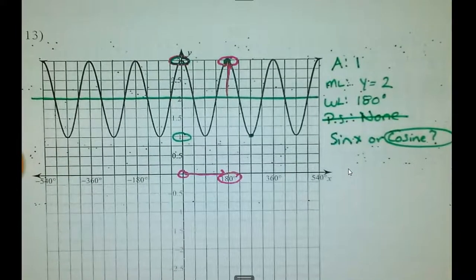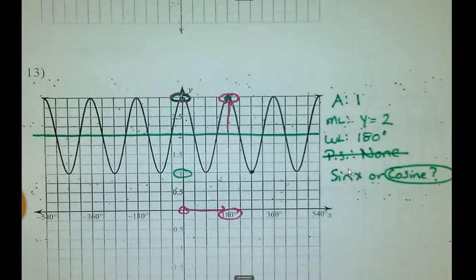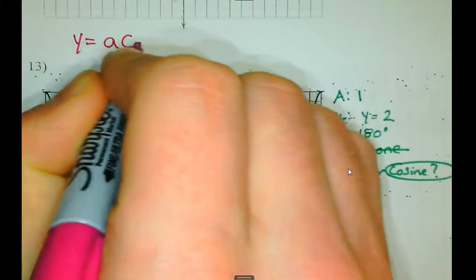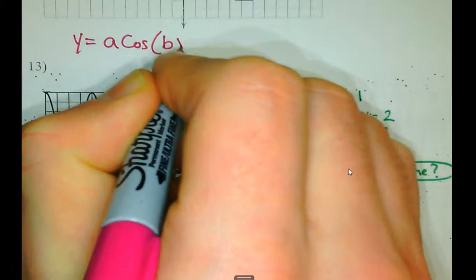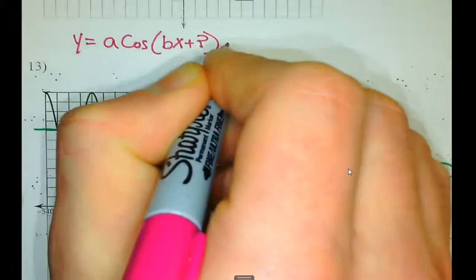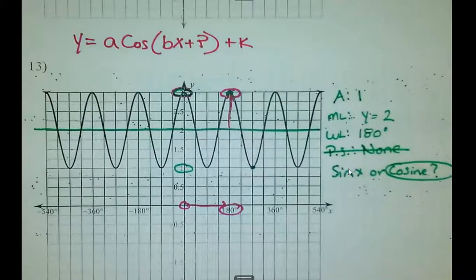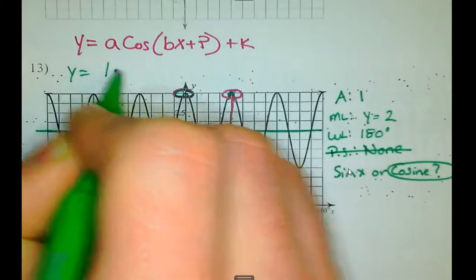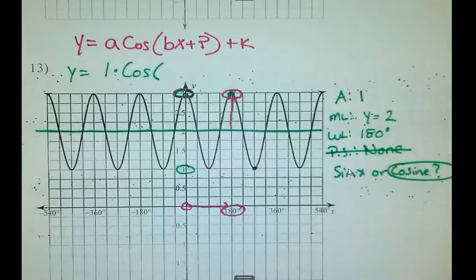Let's remember our formula. Our formula is y equals a cosine of bx plus p, plus k. Right. So y equals, our amplitude is 1, cosine, our b value.